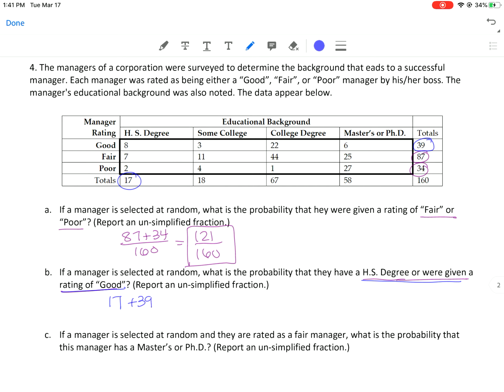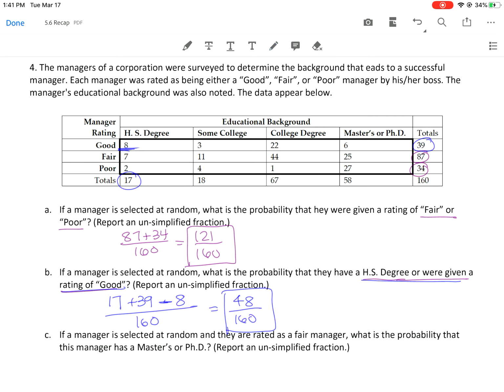We usually just add those for ors, but notice here that you've got these 8 people that were counted in both categories. So that's when we subtract those 8 people, and we still do it out of a total of 160. So we end up with 48 over 160, and you can leave it like such. Okay, let's look at the next one.